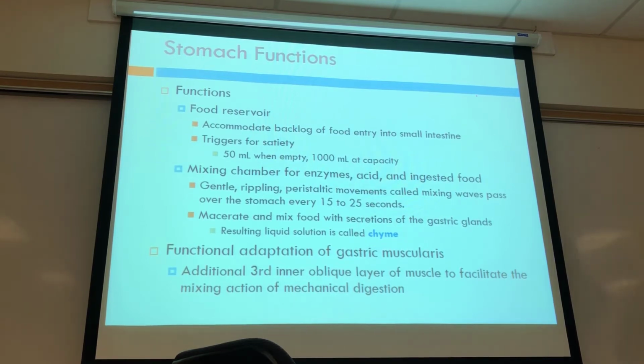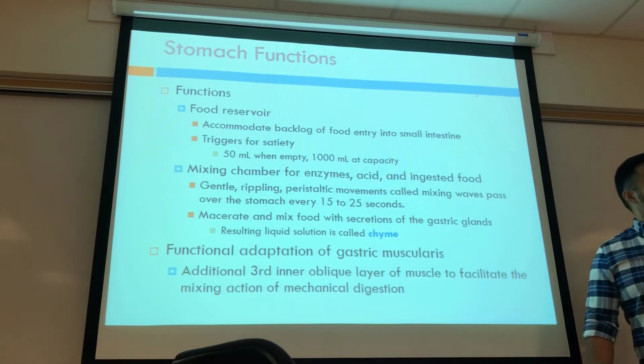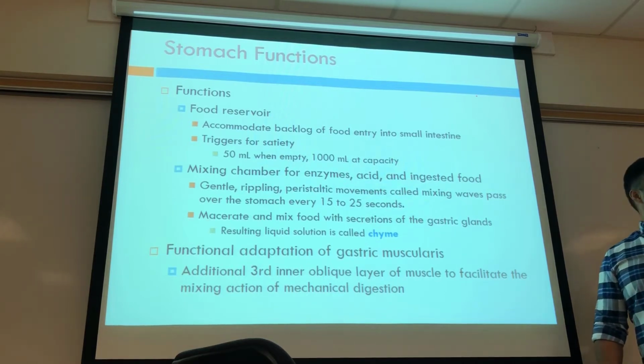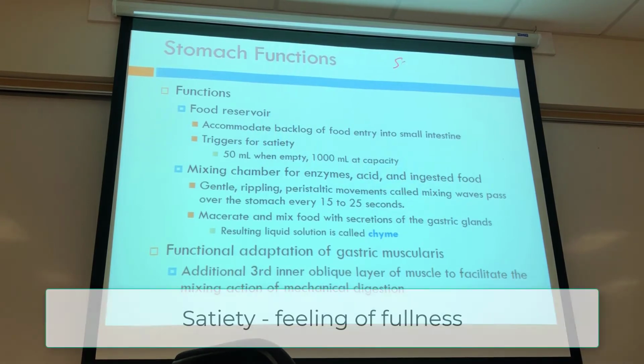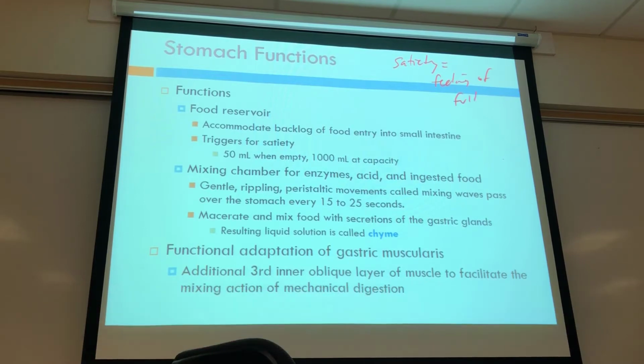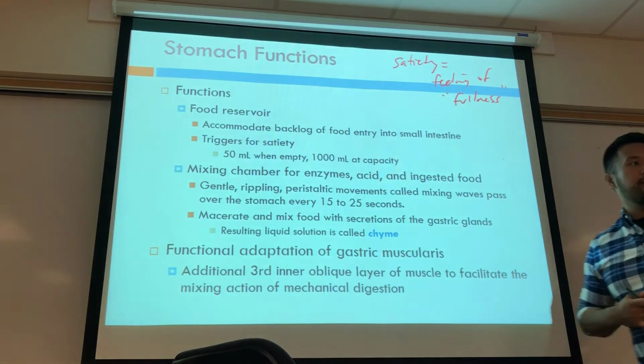That's going to lend itself back to the central nervous system to tell you you're full. So those are the feelings of what's called satiety. Satiety is the feeling of fullness. And these are going to produce signals to stop eating.